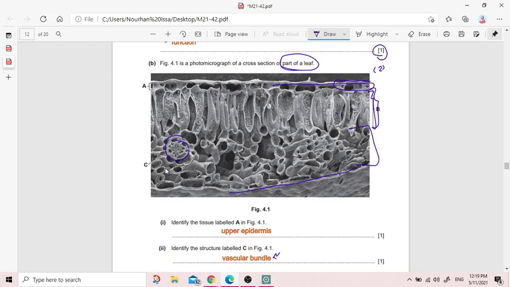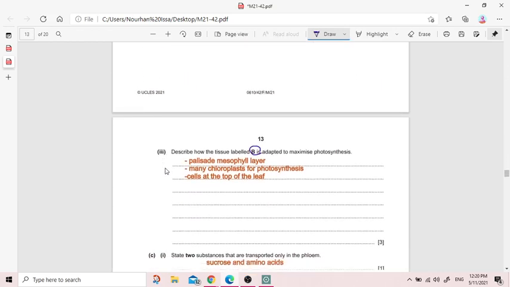I can also say that the vacuoles inside the palisade are expanded like this. If I imagine that this is a palisade cell, the vacuoles are expanded. Why? To push the chloroplasts to the edges in order to absorb as much light as possible.